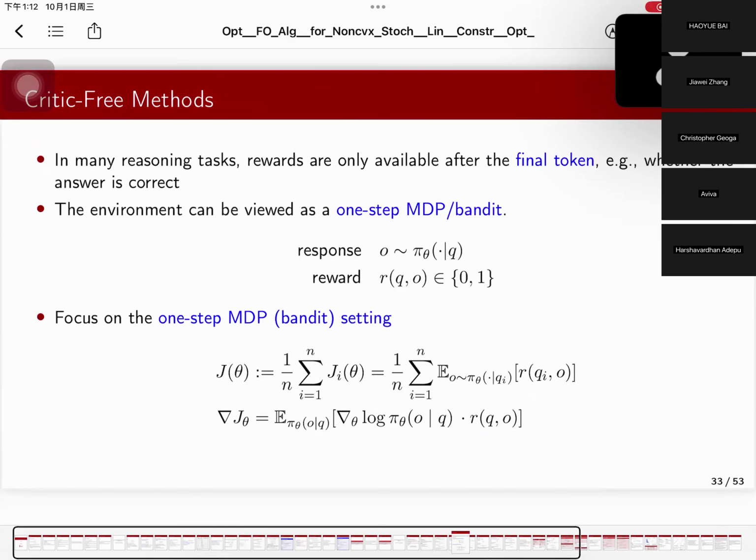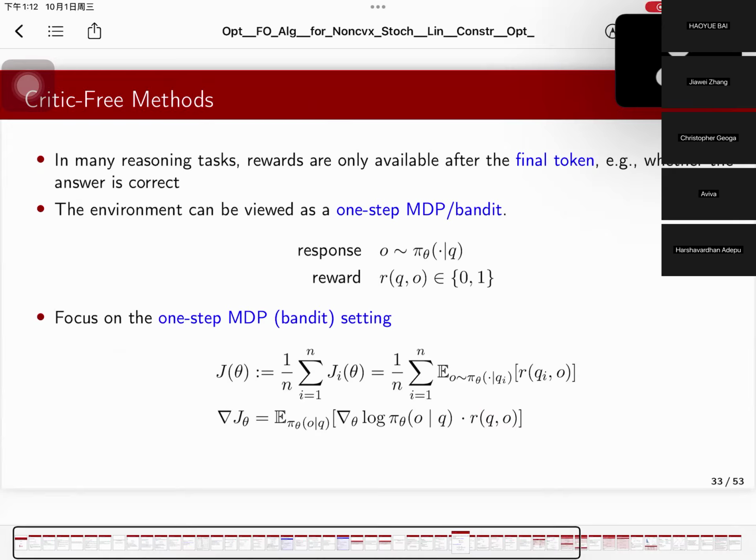In many reasoning tasks, we can only have a reward for the last token. For example, you can only check if the mathematical proof is correct or the code can run. So you only have a reward for the last token: 1 if it is correct and 0 if it is incorrect.